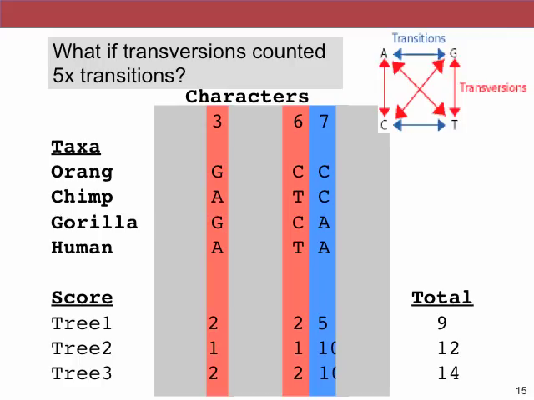Now I made up these numbers, 1x, 2x, 3x, 5x. In practice, making things up for phylogenetic reconstruction is not the smartest approach in the world. And so what people try to do is take real data and determine what the best ratio of these different types of changes is.